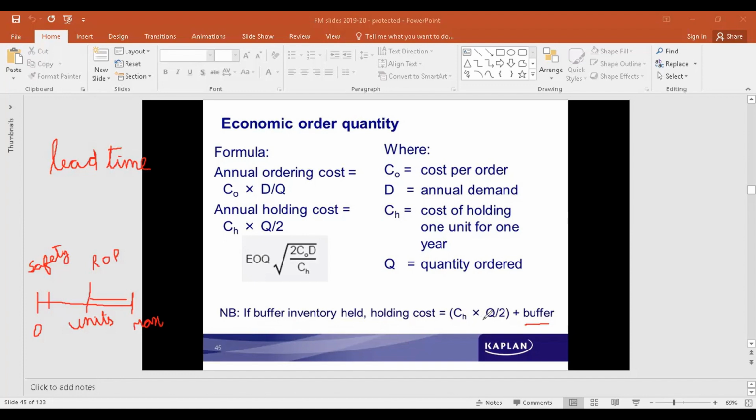Throughout the period it is reducing. So at what point is the inventory to be taken? Instead, it would be the beginning inventory plus the ending inventory divided by 2. So average inventory into inventory holding cost, CH. CH is the cost of holding the inventory. That is how it would be considered if there is a safety stock or a buffer stock which is maintained.